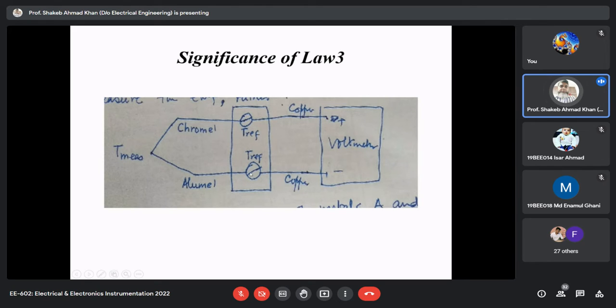So you can see that the resultant junctions are basically maintained at the reference temperature, so it won't affect the output.